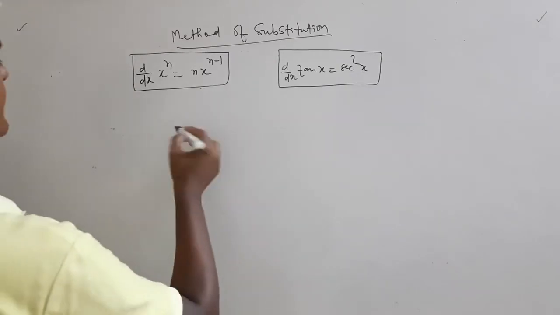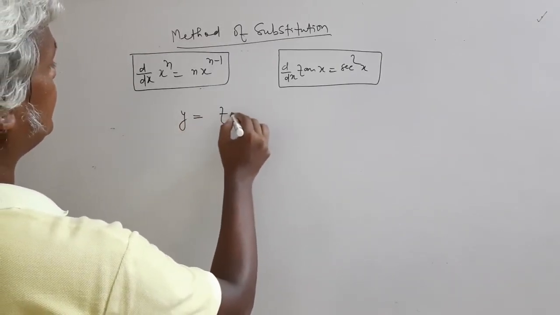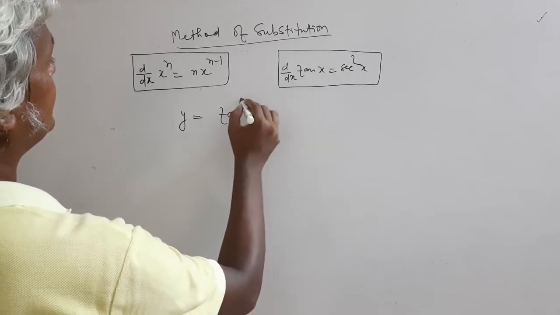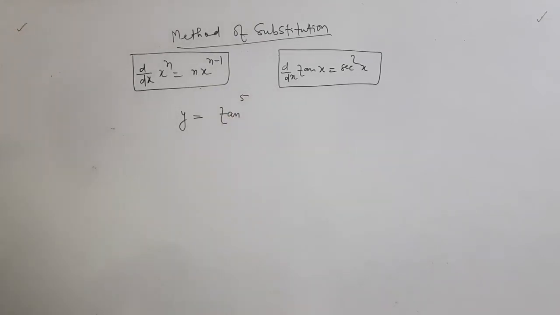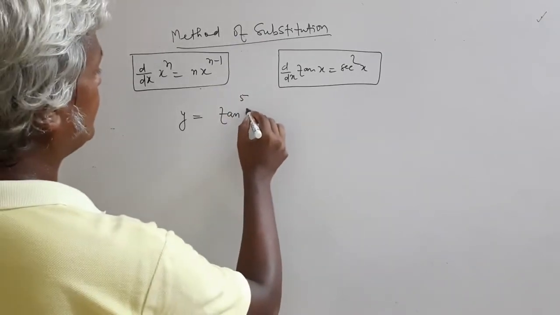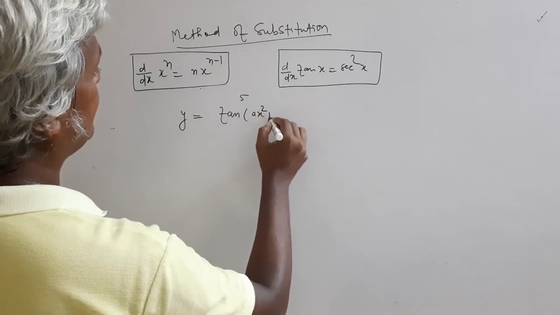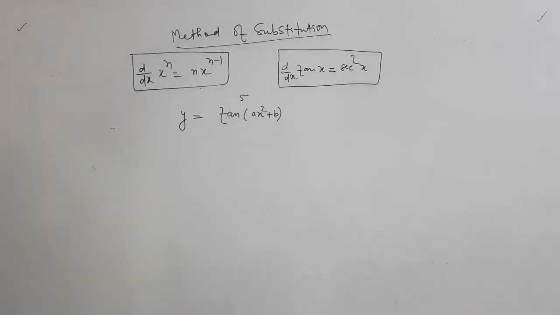Now if you are asked to find the differentiation of tan to the power 5 ax square plus b, this is what we have to find.